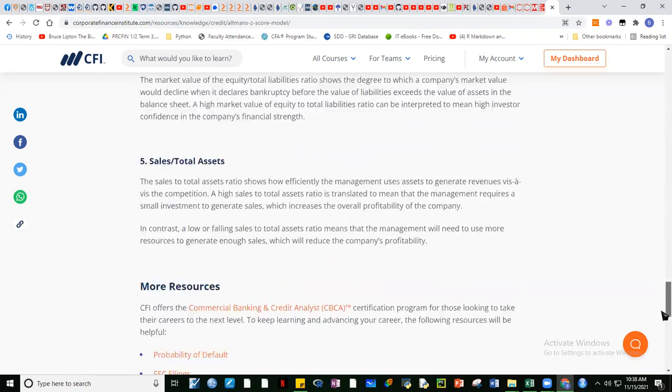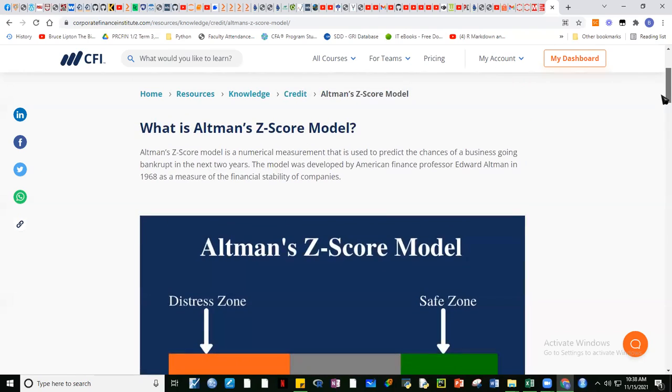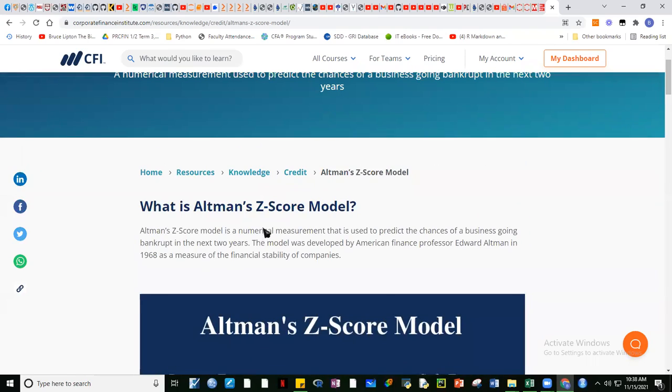become bankrupt. Okay? So, andito guys sa site na to, yung maraming pang ibang site explaining what this Altman Z-score is. Okay, sabi nga dito, it's a numerical measurement that's used to predict the chances of a business going down. 2 years pala, no? It was developed by finance professor Edward Altman in 1968. Yun ginagamit pa rin to, no?